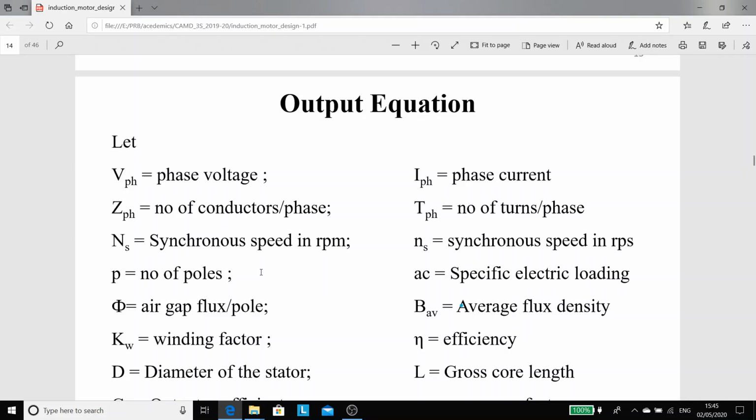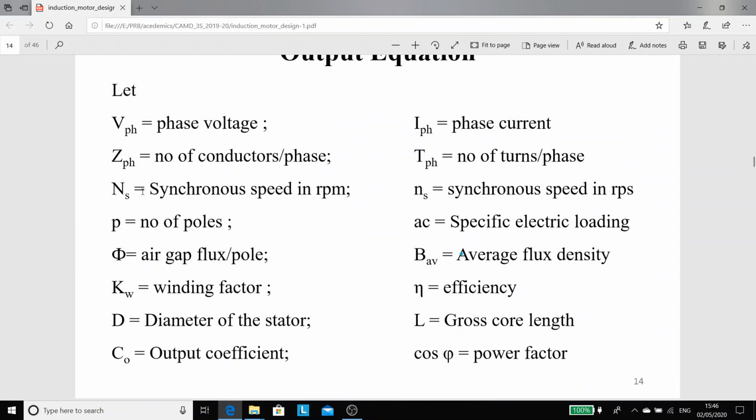So see friends, these are the very commonly used abbreviations during the derivation of the output equation of a three-phase induction motor. I think there is no need to explain this terminology, which all of you are well aware of.